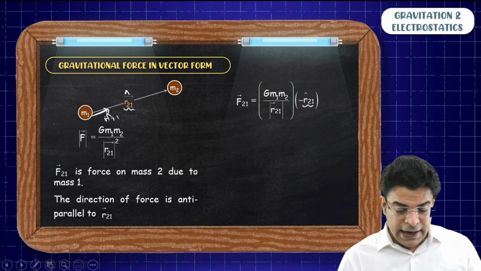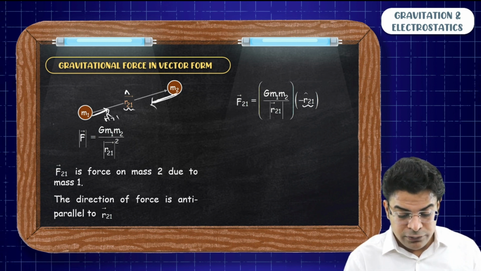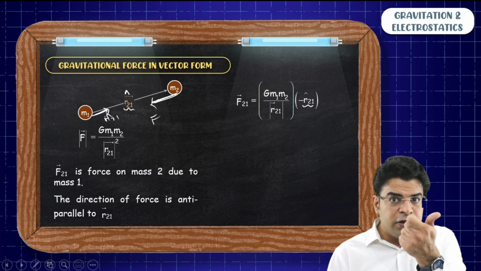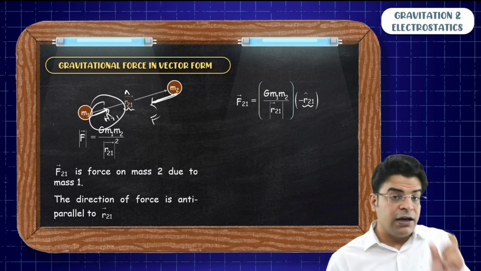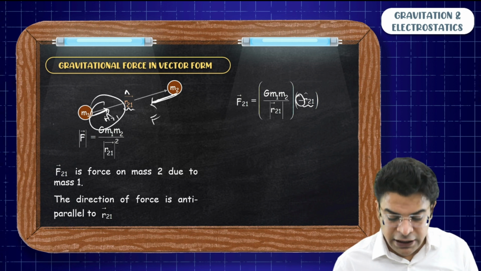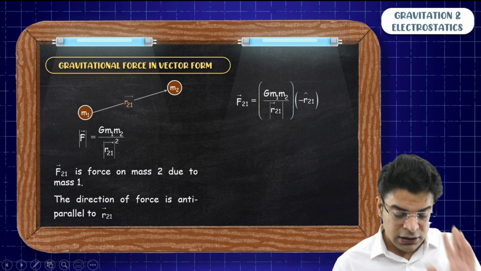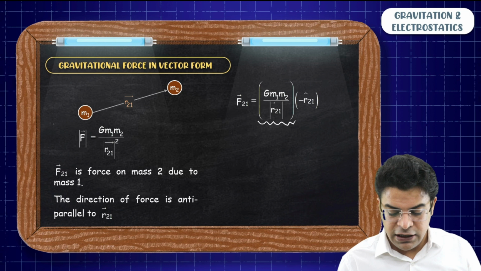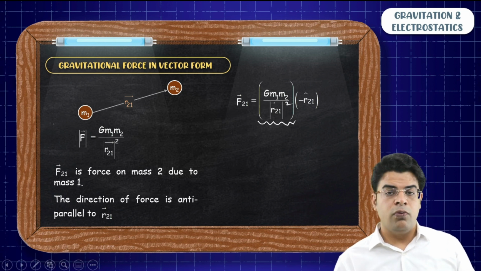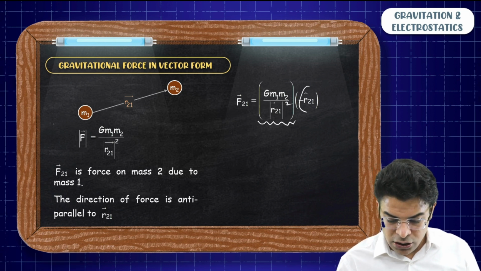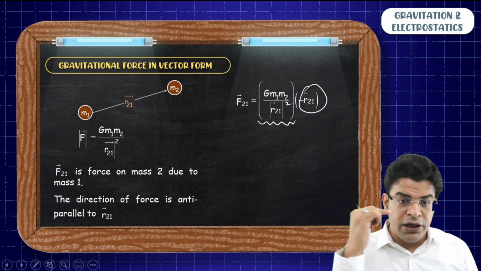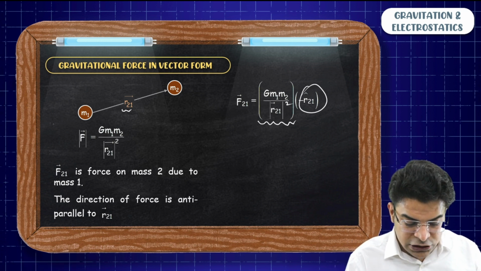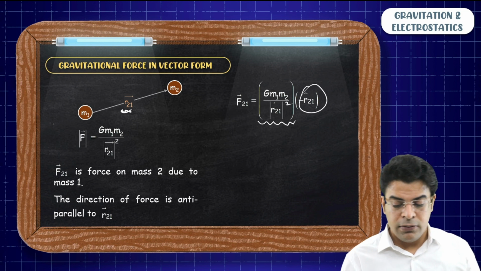But we know that the force will be towards 1. So that's why we have flipped the vector. We have flipped the unit vector, and to flip the unit vector, we have multiplied with minus 1. So we know that the force will have magnitude equal to G m1 m2 upon the magnitude of r21 whole square. This will be the magnitude multiplied by direction, that will be a unit vector in the direction of r21 with a minus sign.